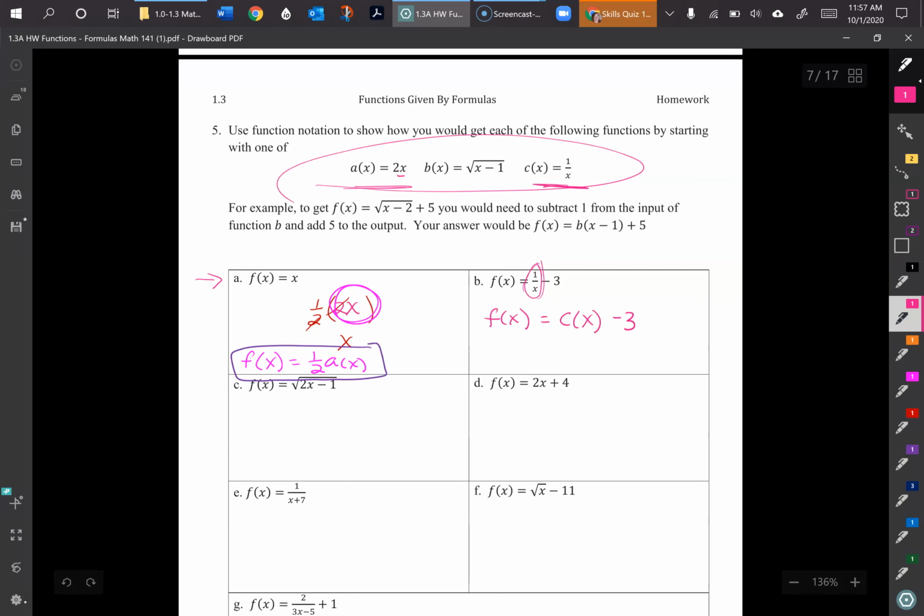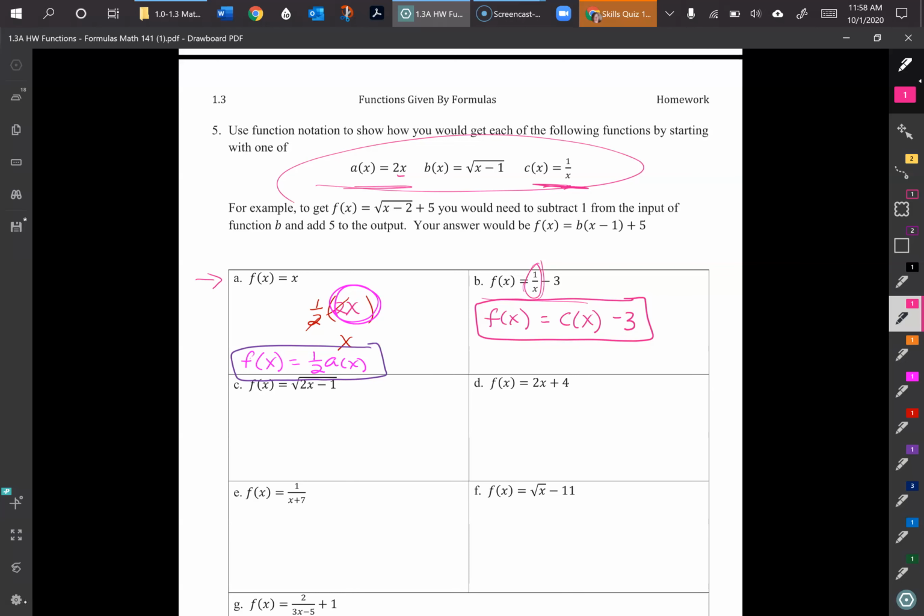If I were to work in reverse here, and substituted 1 over x in there, I would get the function I started with. So that is it for part B.